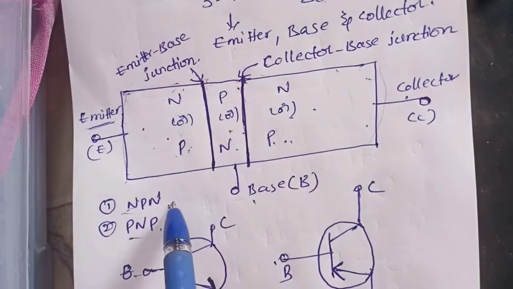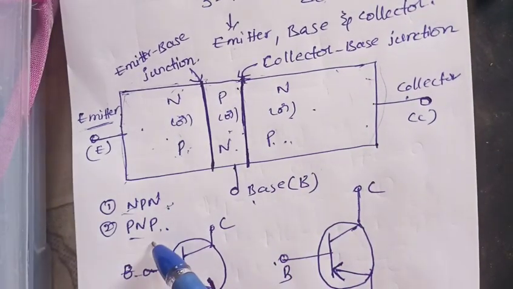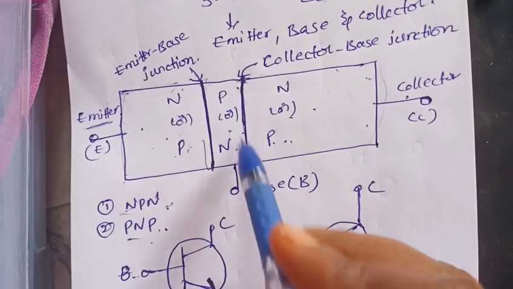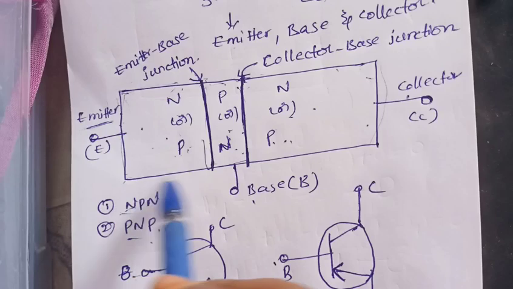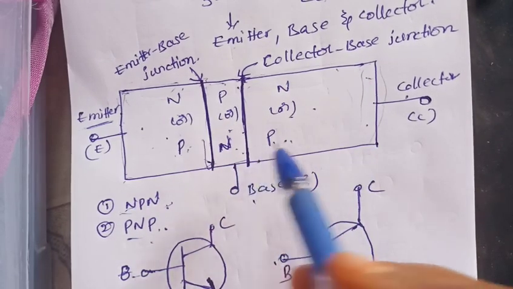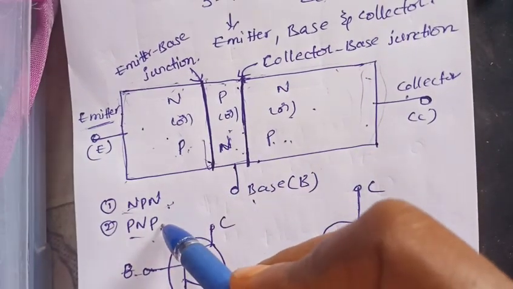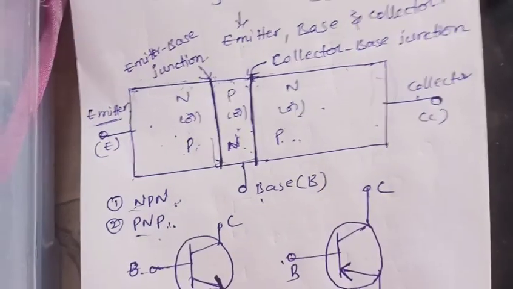That is known as an NPN transistor. In the case of a PNP transistor, one n-type semiconducting material is sandwiched between two p-type semiconducting materials, that is known as a PNP transistor.